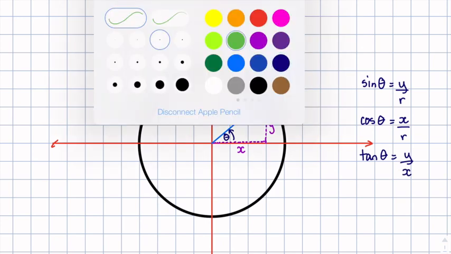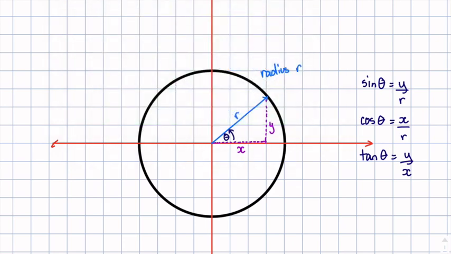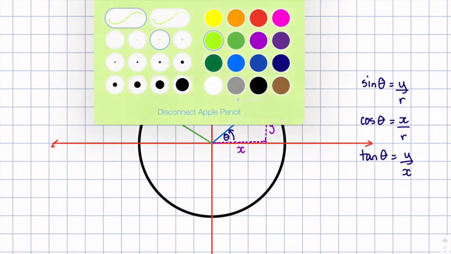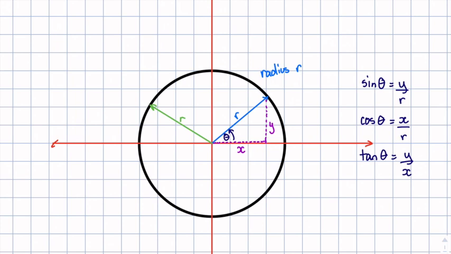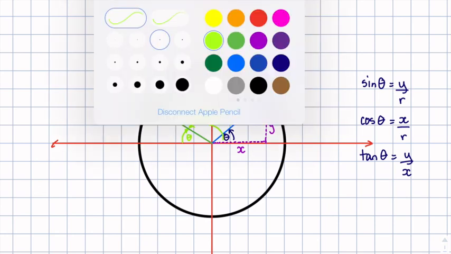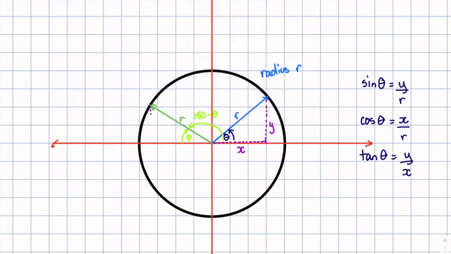If instead of that angle I was over here somewhere, this radius is still r, and this time it was, for example, theta from here, so it's 180 take theta from the start. This time, the amount it's gone up from the bottom is still y, but the amount it's gone across is now negative x.